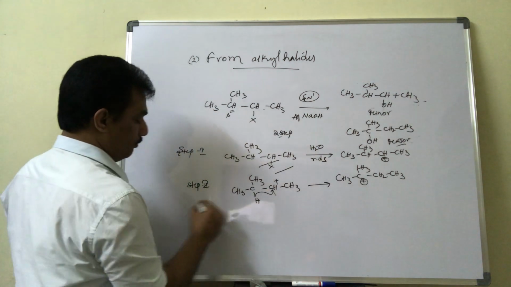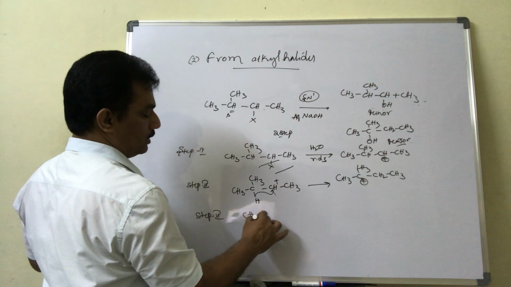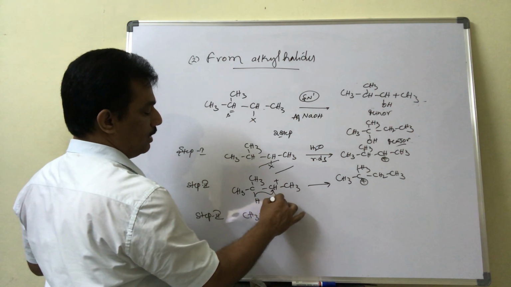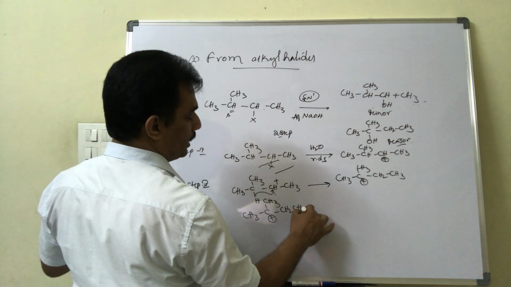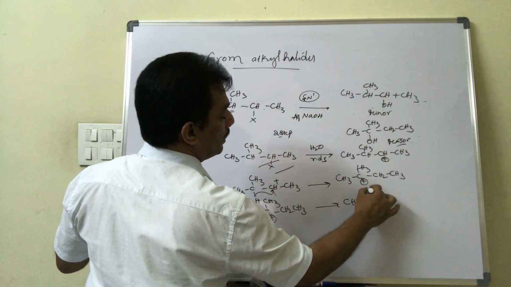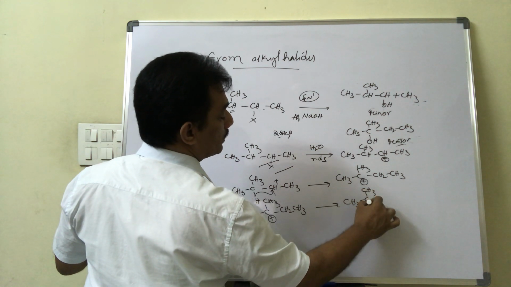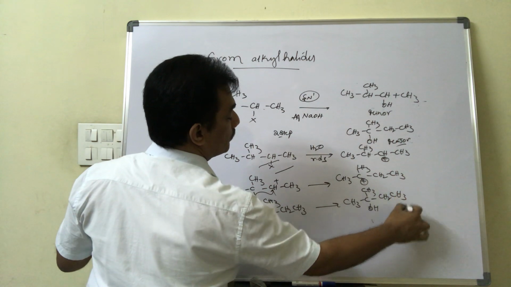In this case, step 3 now involves the attack of the nucleophile on the tertiary carbon, forming tertiary alcohol as the major product, OH and CH2, CH3.